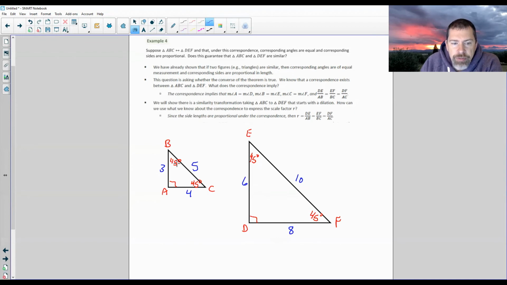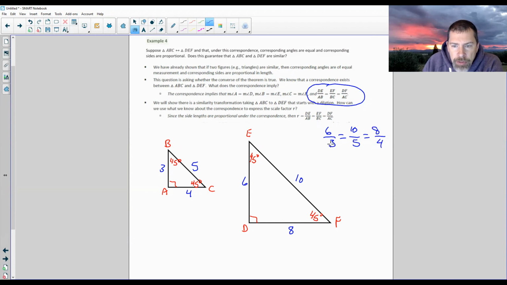So we have angle A equal to D, B equal to E, and C equal to F. And DE over AB, so now I'm doing this right here, DE is 6 over AB, which is 3, equals EF, which is 10, over BC, which is 5, equals DF, which is 8, over AC, which is 4.